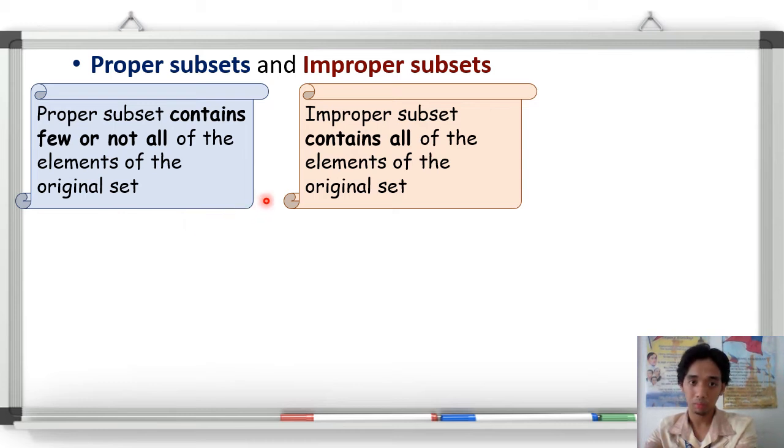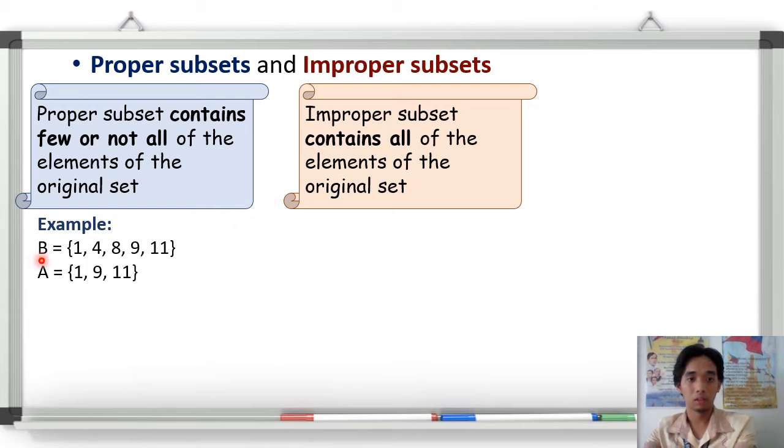So let's do an example. Example for the proper subset is 1, 4, 8, 9, 11 and 1, 9, 11. So as you can see, A is a subset of B. This is our example earlier.